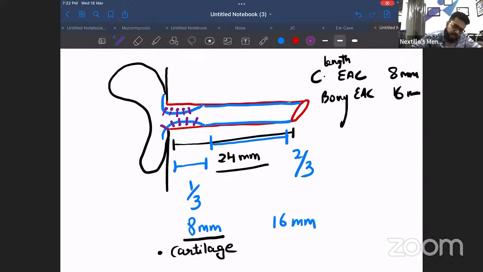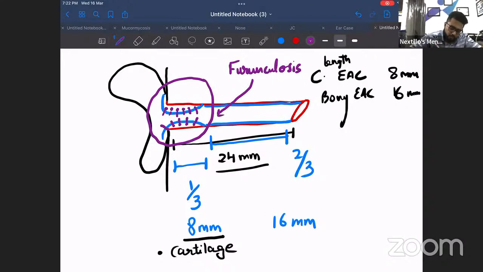So this is the area which is commonly involved in having furuncle or furunculosis. Whenever there is furunculosis, it is the outer one third which is involved because it is lined by thick skin which has hair follicles and sebaceous glands.